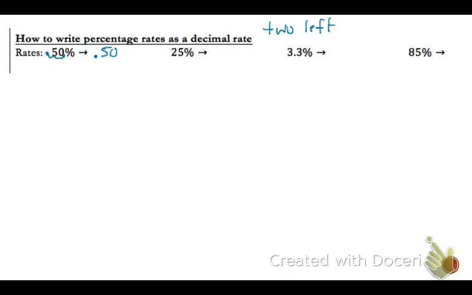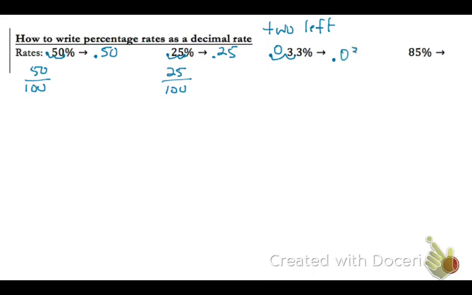So 25%, right now the decimal's at the 5, so if we move it 2 to the left, that is the same as 25 hundredths. Because remember, percent is a comparison out of 100. This is 50 100ths. Now a number like this, 3.3, we have to move it 2 places, and you're going to need to add a 0.